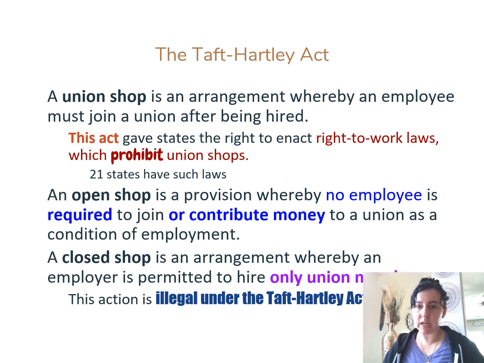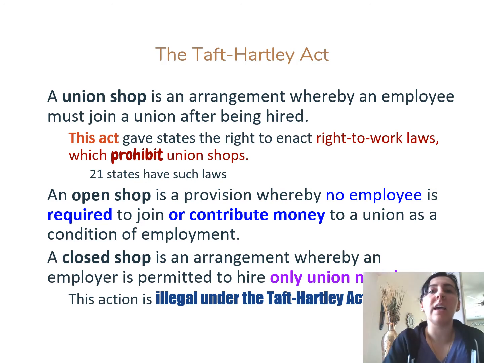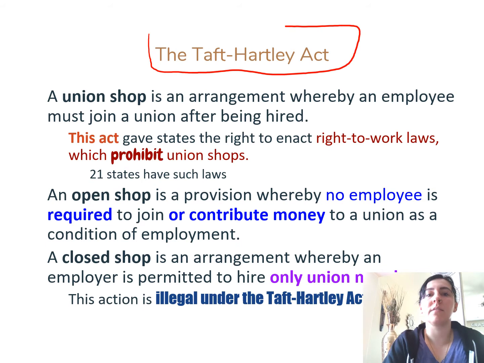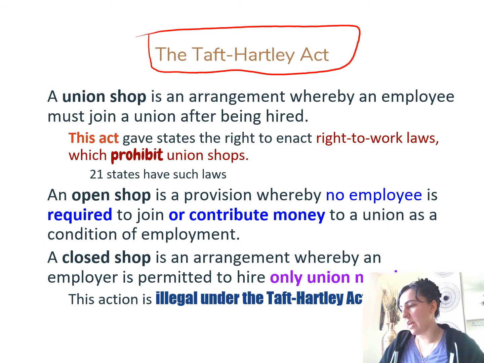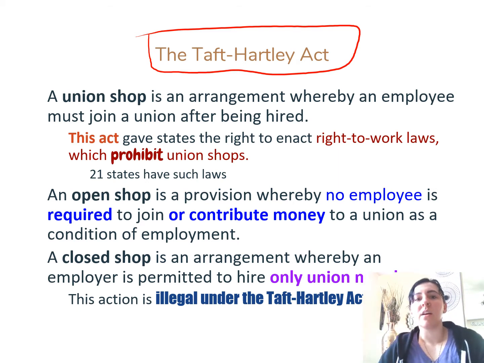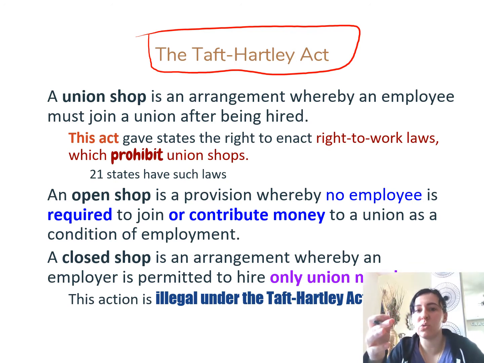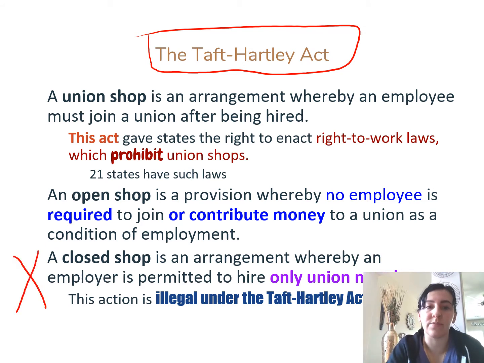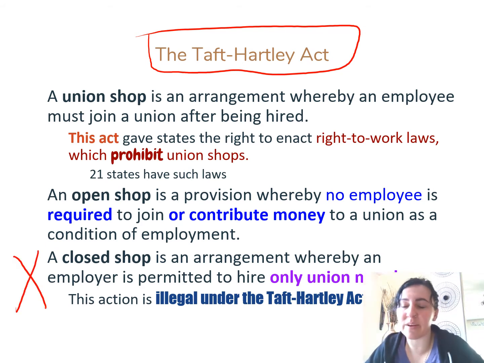Now the Taft-Hartley Act came out, in 1959, 1960, one of those, around that time frame. The Taft-Hartley Act basically said you are not allowed to do closed shops. No, can't do it anymore.